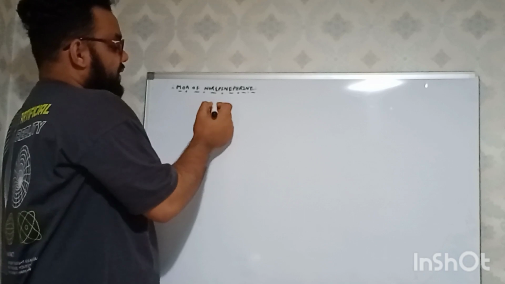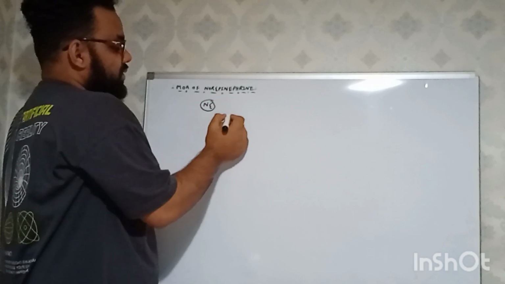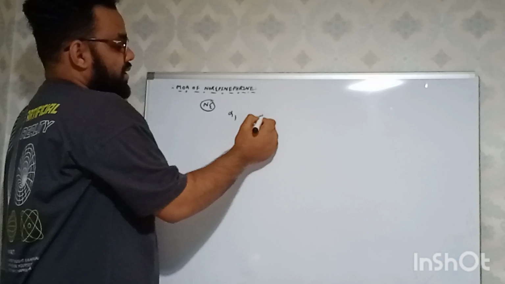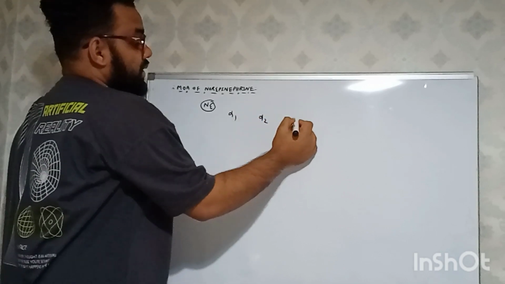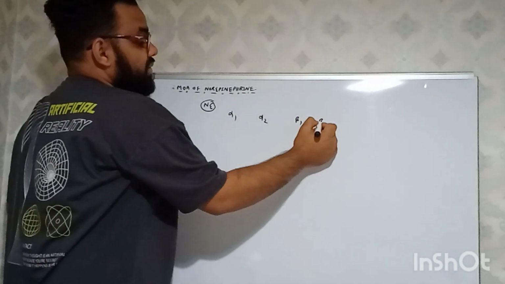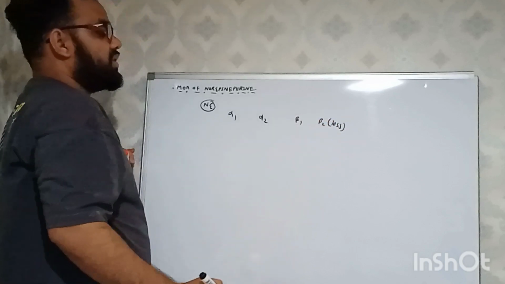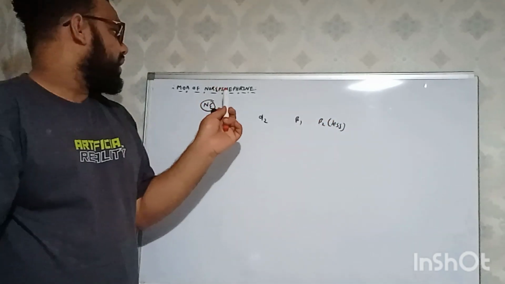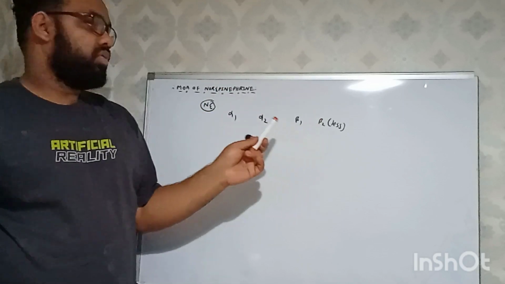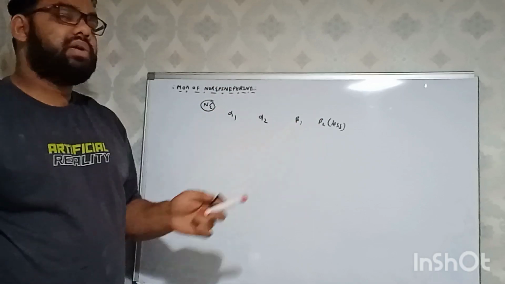First of all, norepinephrine has receptors on alpha 1, alpha 2, beta 1, and within the beta 2 it is less potent. That means the activity on the beta 2 receptor for norepinephrine is much lesser with respect to alpha 1, alpha 2 and beta 1.